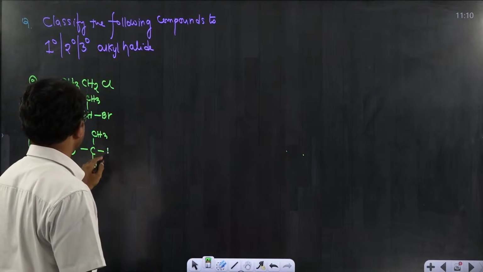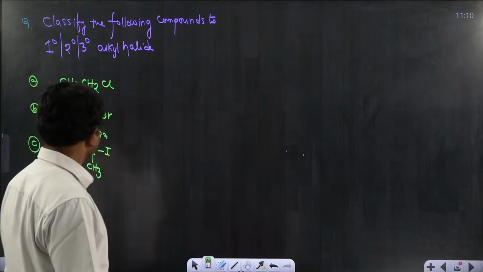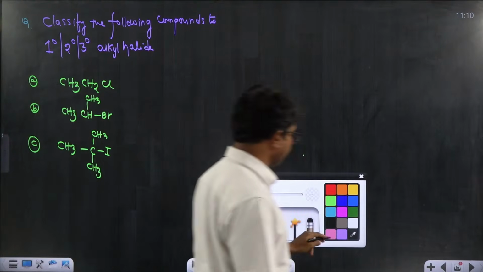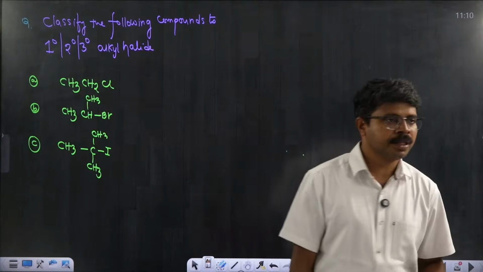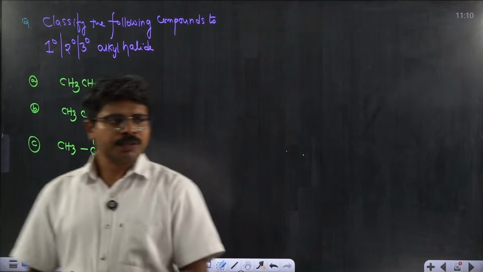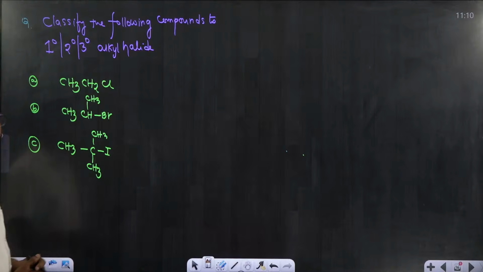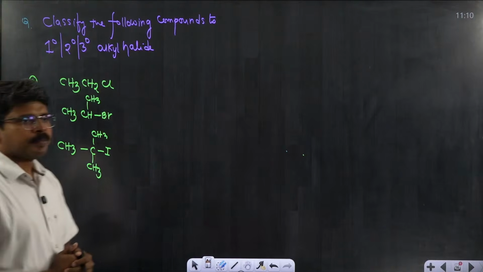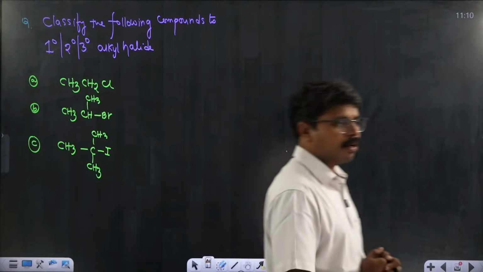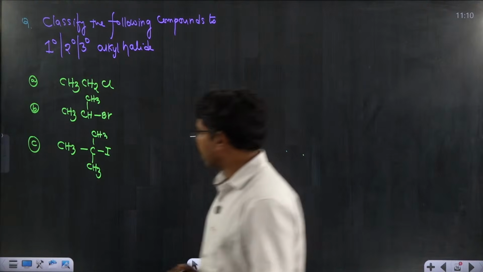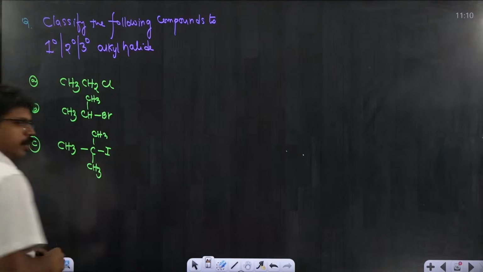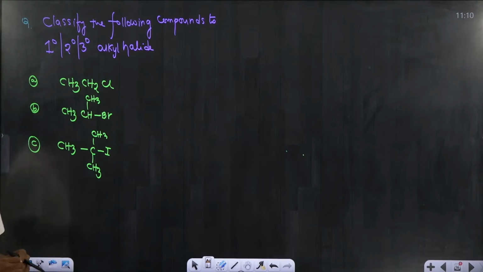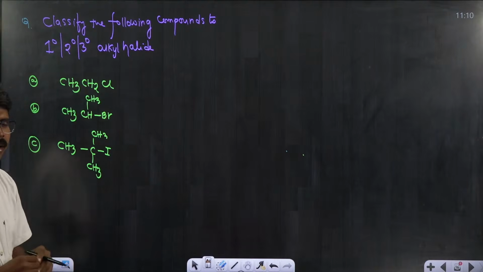Over here, let me write iodine, because chlorine, bromine and iodine represent the halogen atoms. Students, try to classify these compounds into primary, secondary and tertiary. Responses please. This is not a chocolate question, this is a very simple question.